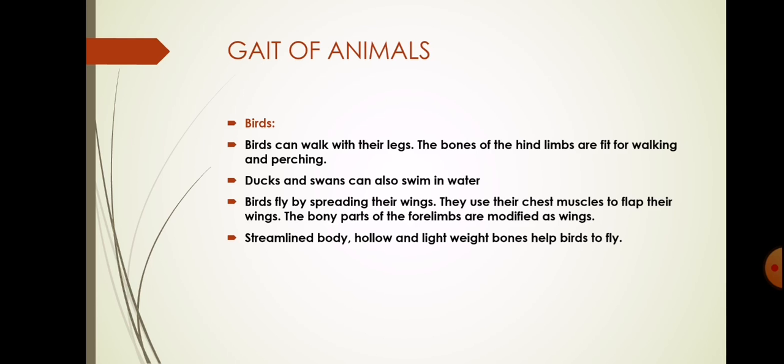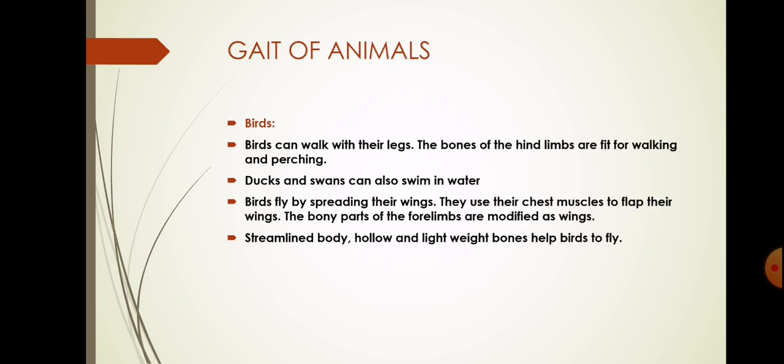Maximum birds are able to fly, and for flying they spread their wings. These wings are joined to their chest muscles, and these chest muscles are strong enough. This bony part which is modified into the wings is nothing but their forelimbs.